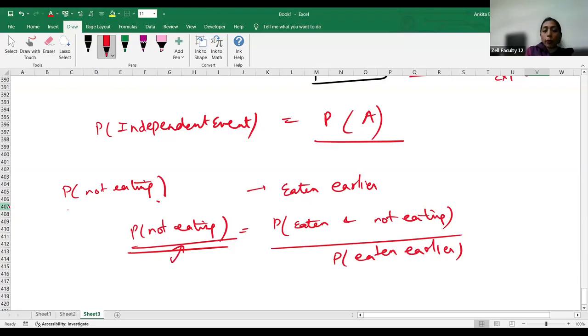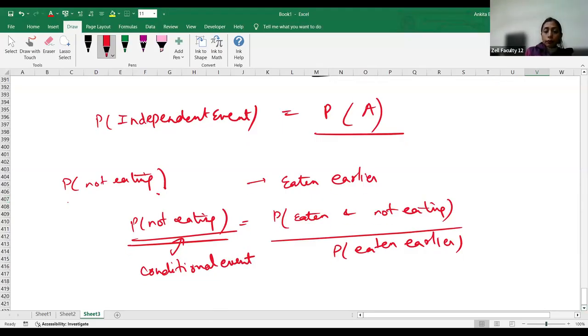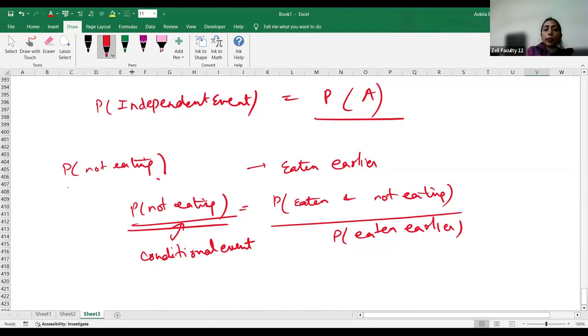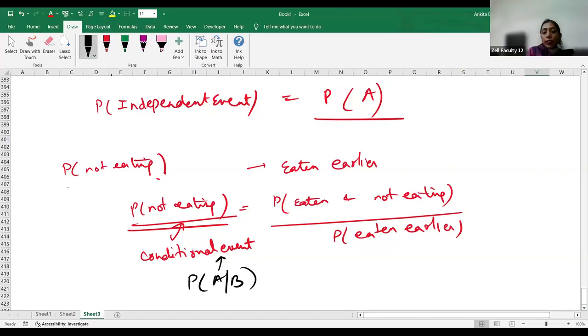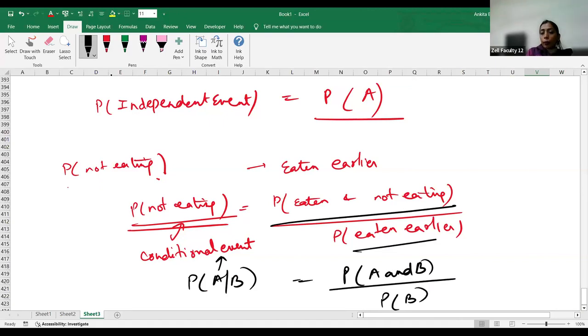And this non-eating probability is my conditional event. Now do you get it? So the formula can be written like this. Probability of A given B, because it's a conditional event, will be equal to probability of A and B, because it's talking about joint, divided by probability of B, which is an independent event.